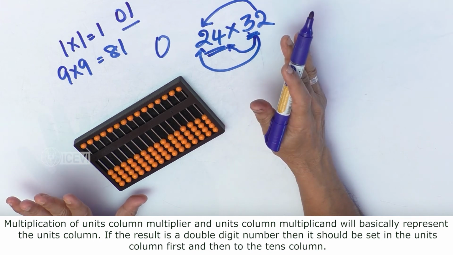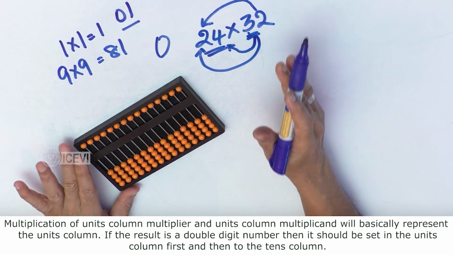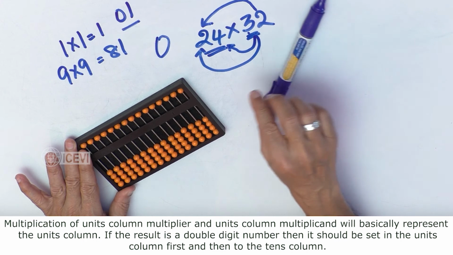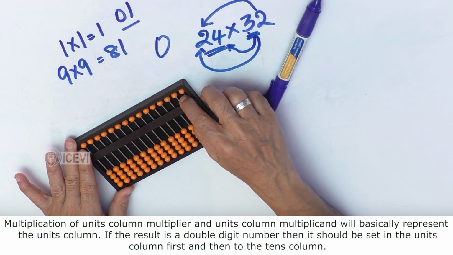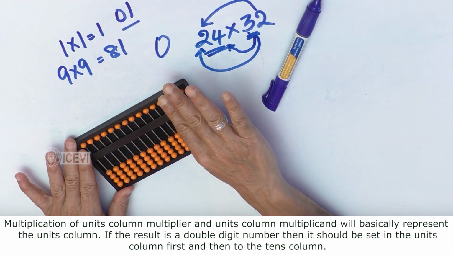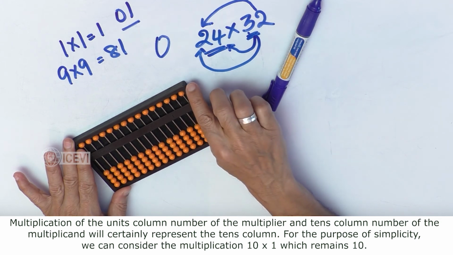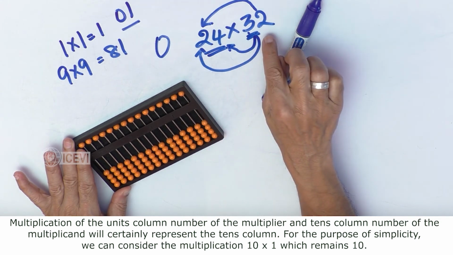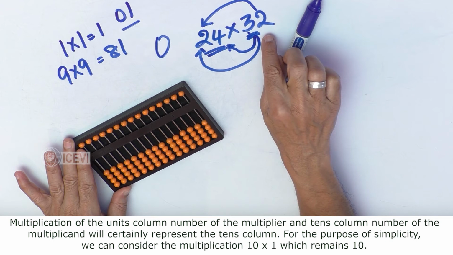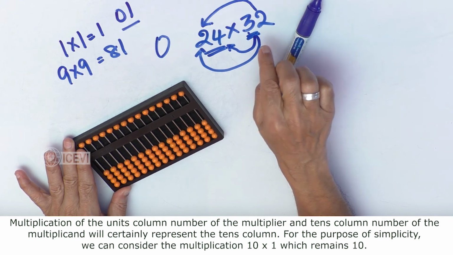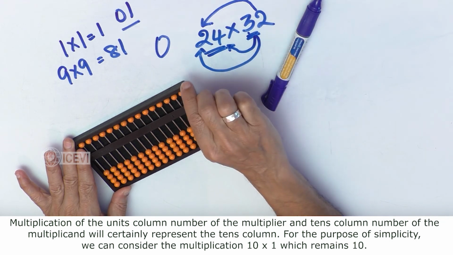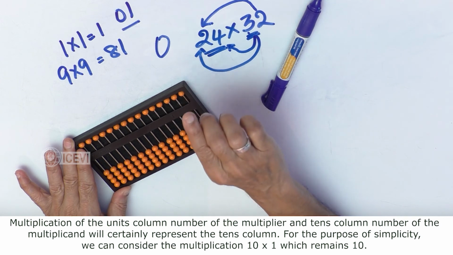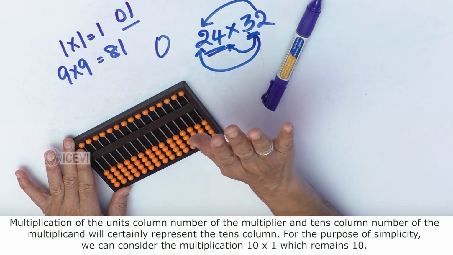If the result is a double digit number, then it should be set in the units column first and then to the tens column. Next, multiplication of units column number of the multiplier and tens column number of the multiplicand will certainly represent the tens column.